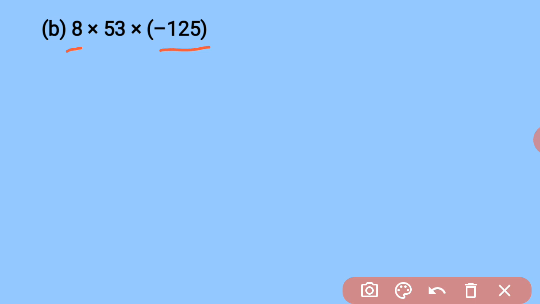When you multiply 8 with 125, 125 multiplied by 8, think about the ones place or the units place. Orally you can do. I am just writing here for your understanding. Basically you can do it orally. You have to just check the multiplication or product of the unit places.